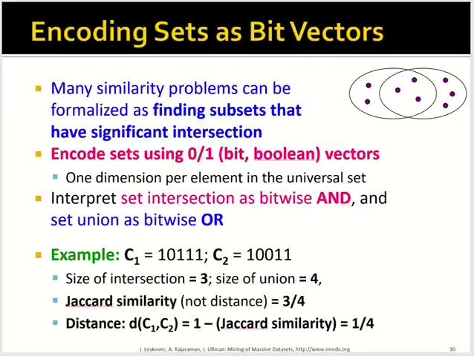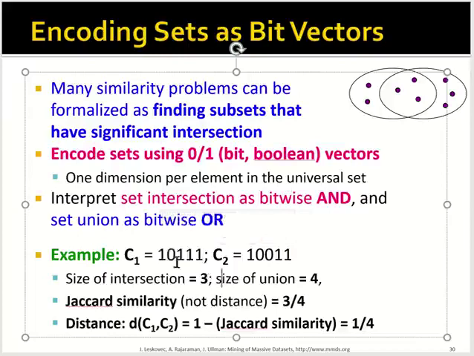For example, if we treat C1 as 10111 and C2 as 1011, the size of the intersection, which means the positions where both have bits equal to 1, includes the first digit and the last 2 digits of C1 matching the first digit and the last 2 digits of C2.